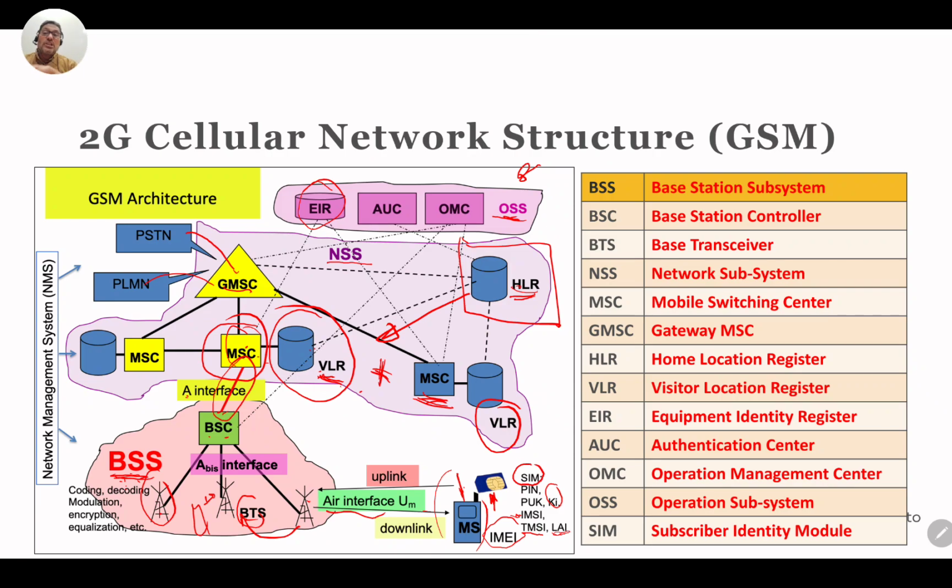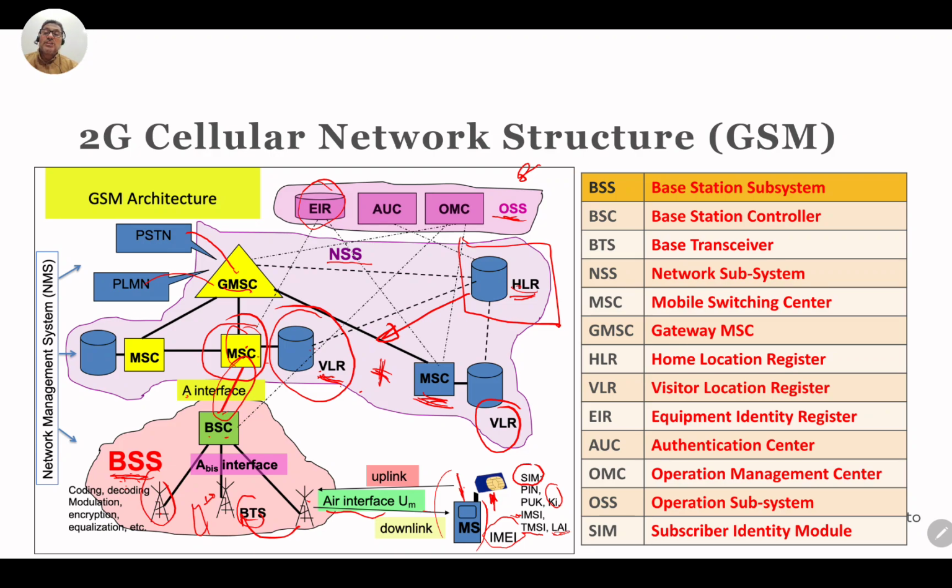For example, it monitors the network. If there is any fault, it generates the fault type. If there is a drop in some channels, it will try to allocate them and raise an alarm to fix it. So it handles the operation and management of the whole network.